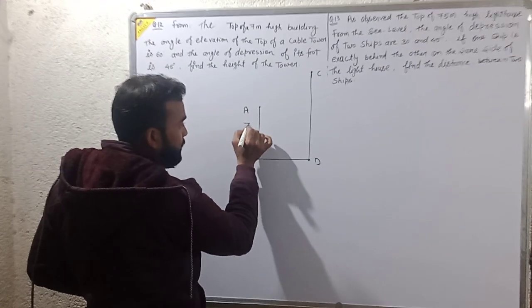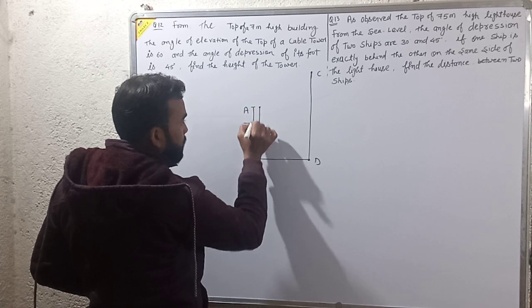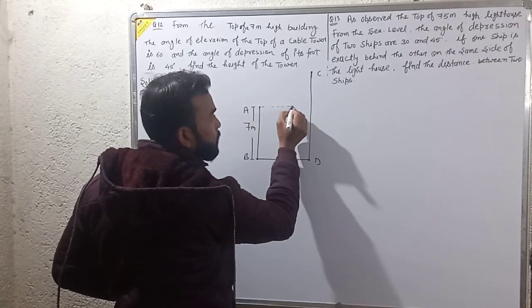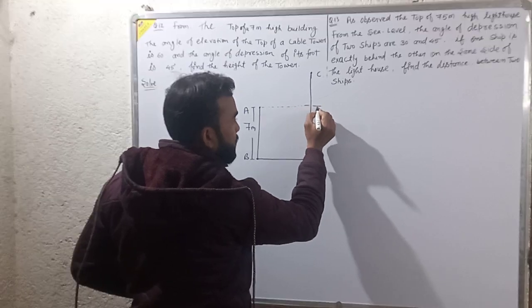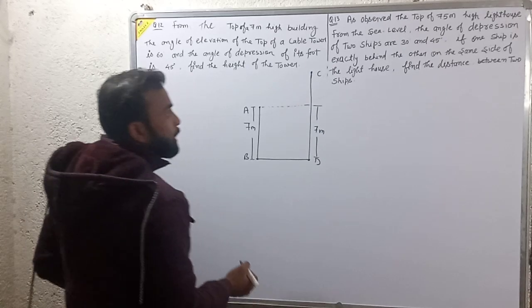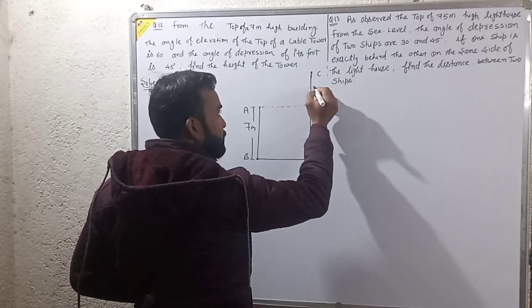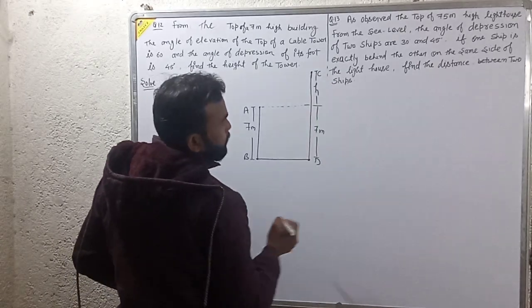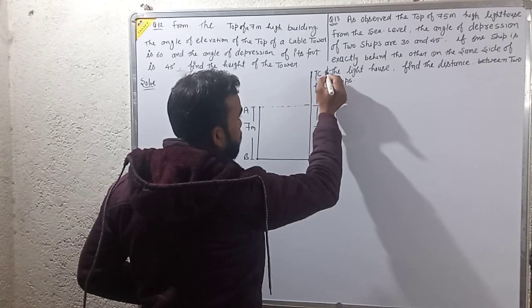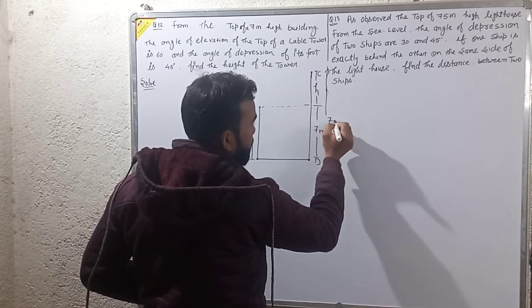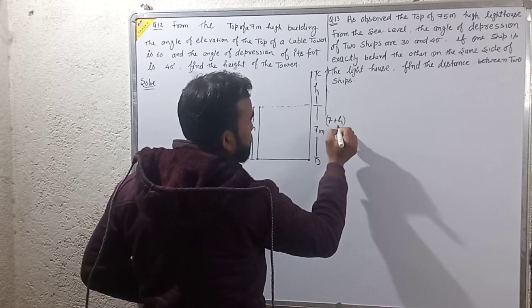This is given as 7 meters. Let this part be h meters, so the total height will be h plus 7 meters.